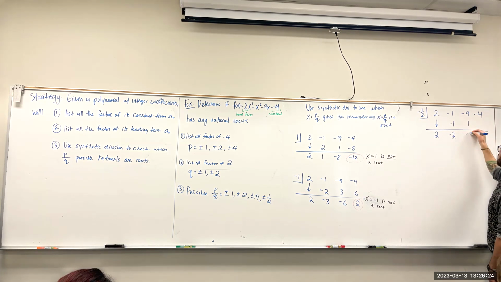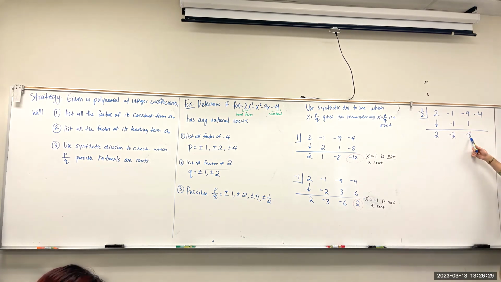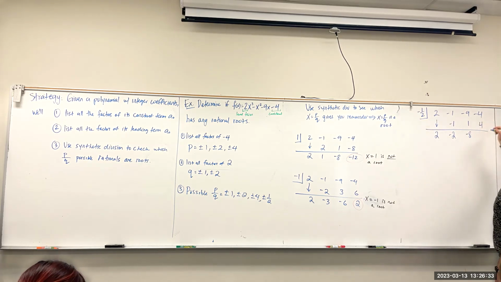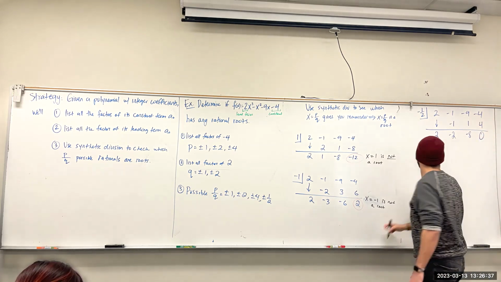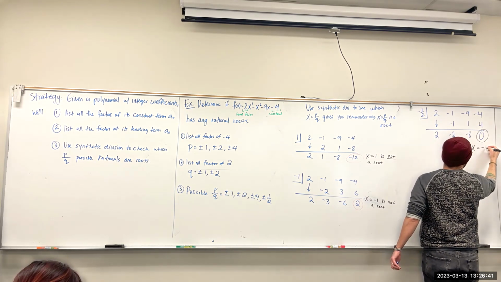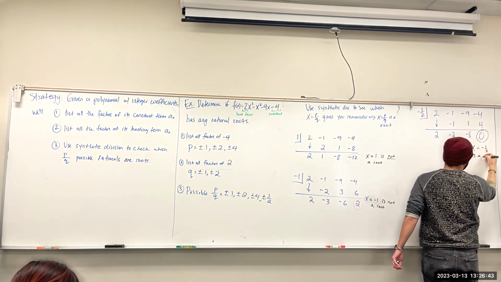Then +1, which gives you -8. Oh, they're all even, that makes life nicer. -8 times -1/2 is +4. Boom, remainder 0. So this tells you that x equaling -1/2 is a root.